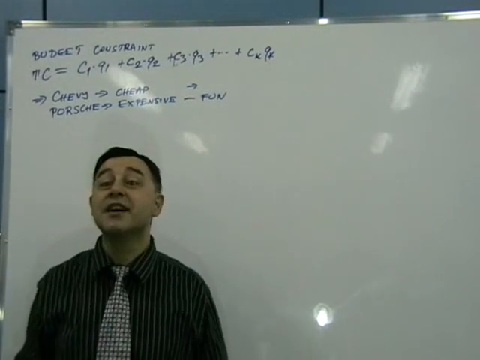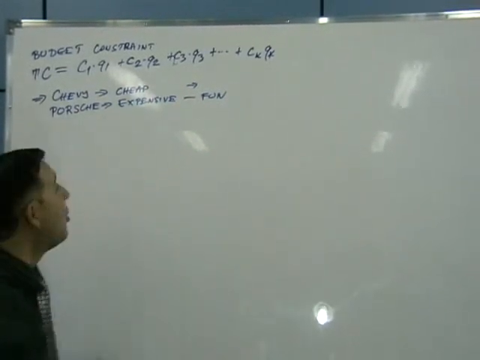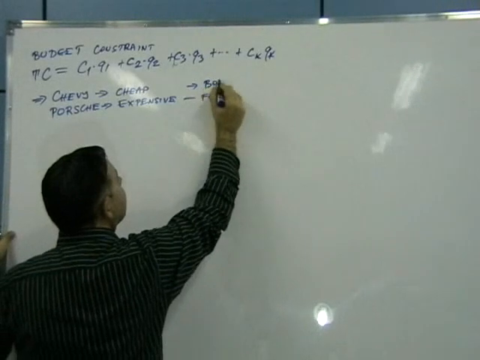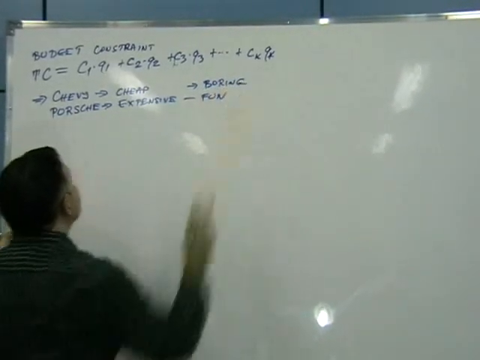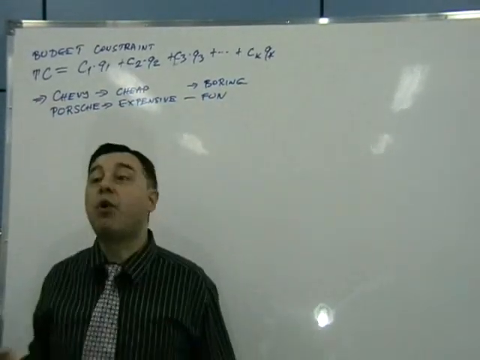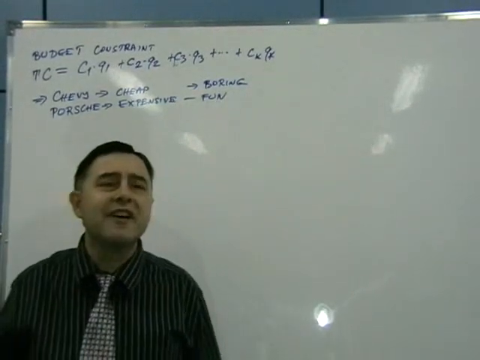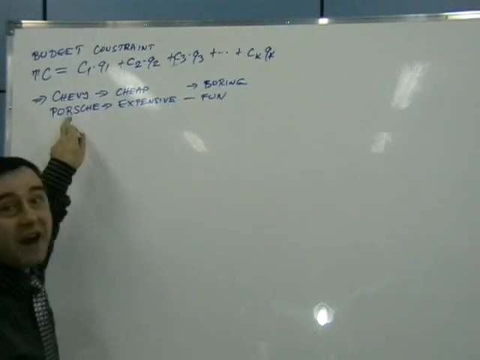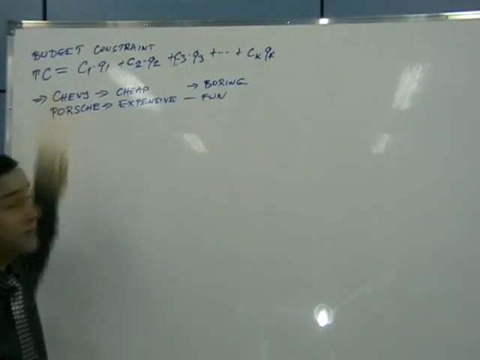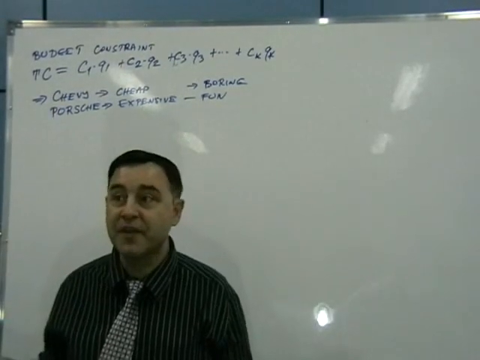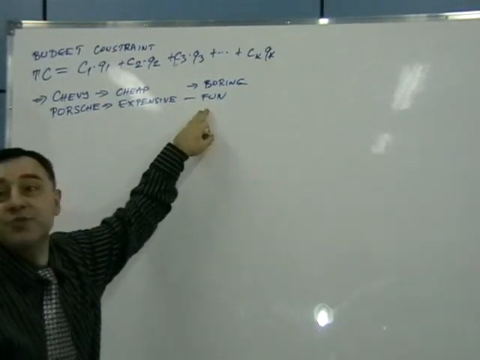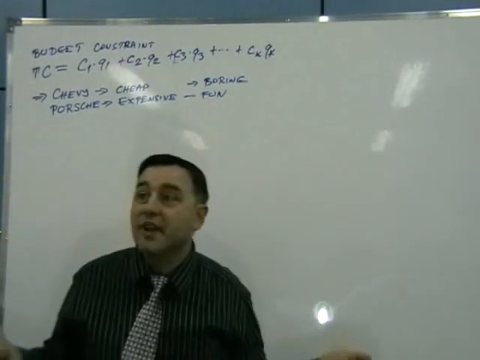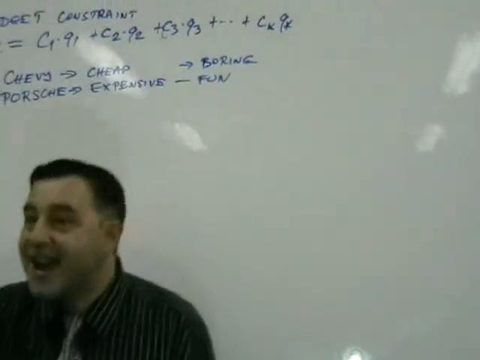The Chevy is boring, right? So, turns out that the Porsche is worth what? 5 times more, right? So the Porsche is 5 times more expensive than the Chevy, alright? Well, how much more fun is it? 10 times more fun, alright?